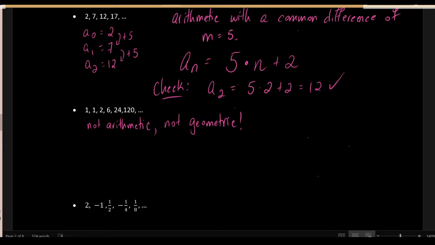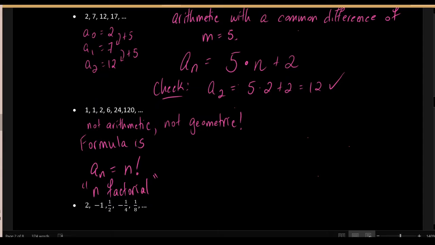Instead, I'm going to introduce something that may be unfamiliar to you at this point, which is the so-called factorial. The notation is the number n with an exclamation point after it. And this is read out loud as n factorial.